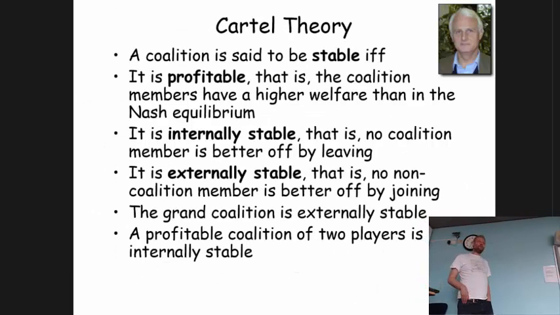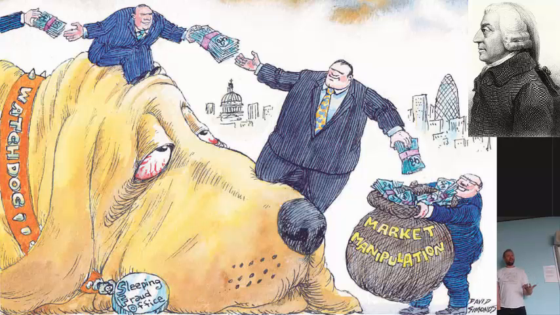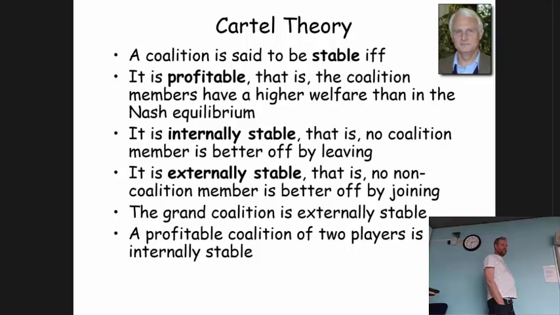The typical way of analyzing that is through cartel theory, developed by Jean d'Aspremont, in, as you may have guessed, a situation of firms colluding with each other to maximize their benefits, rather than an international environmental game or international environmental agreements. D'Aspremont defines a stable cartel or a stable coalition as follows.